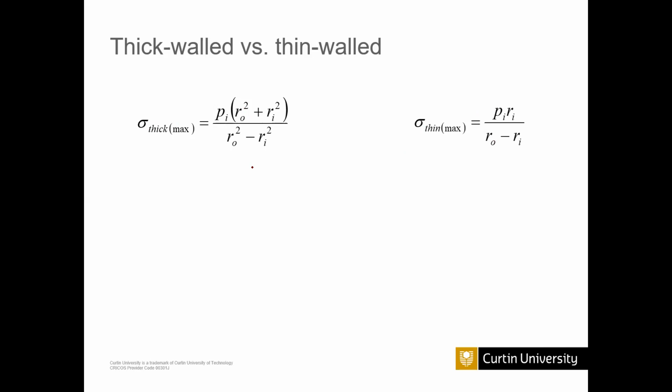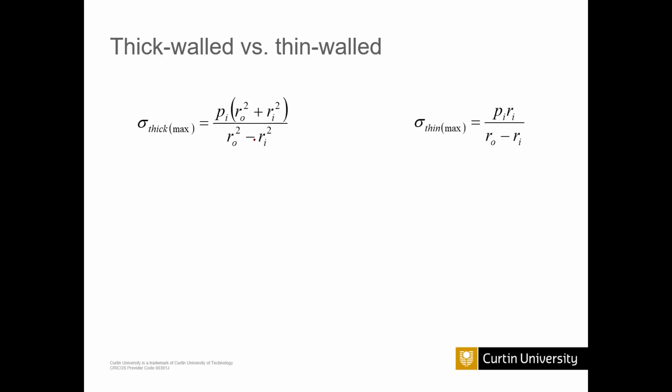What you can do is put Ri. If it is thin wall, that means there is no thickness, so R naught and Ri should be equal. Then what happened? This term will go to 0. It cannot happen. If Ri and R naught are equal, this term will be 0.